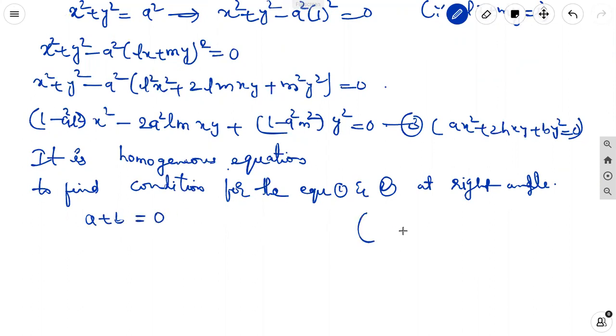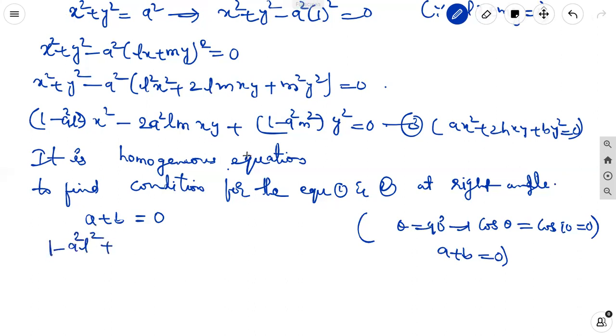Why? Because theta equal to 90 degrees means cos theta equal to cos 90 degrees, which should be 0. So the coefficient of x square plus the coefficient of y square equal to 0 gives the condition. The coefficient of x square is 1 minus a square L square, plus the coefficient of y square, 1 minus a square m square, equal to 0.